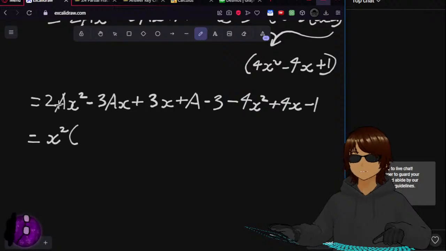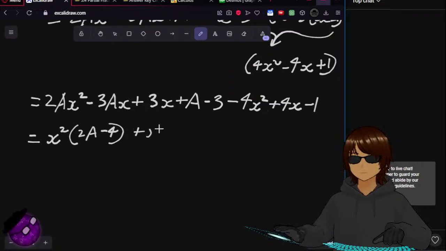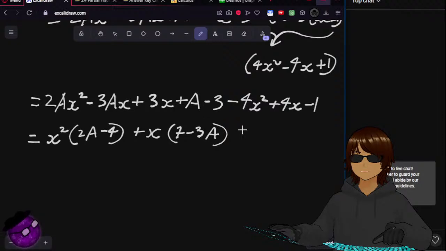So the x squared is 2a minus 4. Then 3 plus 4 is 7. Then the x part, 3 plus 4 is 7, 7 minus 3a. And then the constant part is plus a minus 4.